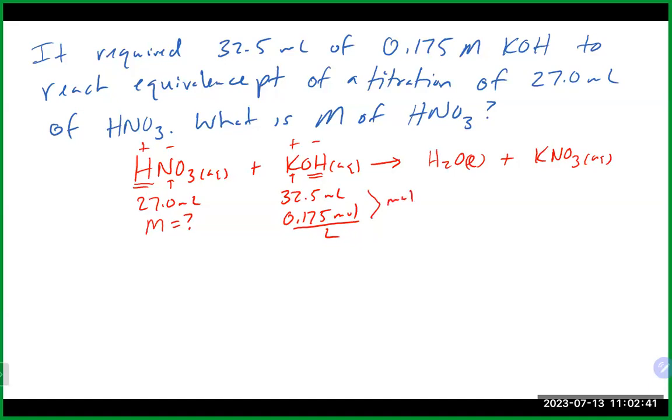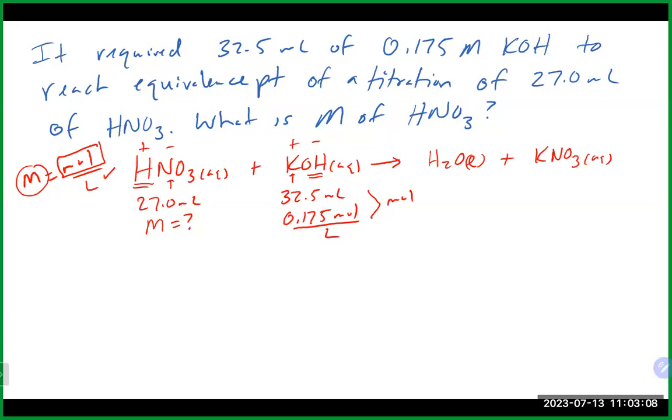It is just a basic stoichiometry problem at this point. We're going to use stoichiometry to get to the missing piece that we need to solve for the molarity. We already have the liters. We need the moles. So that is where the stoichiometry part is going to come into play. We're going to use it to figure out the moles of the nitric acid. So we'll get started with that part of the calculation.